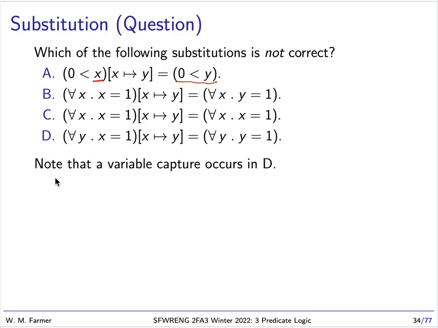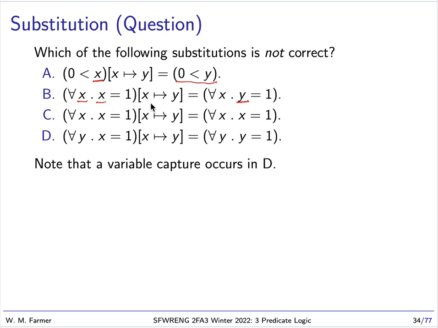That's completely straightforward. If we look at B, in B we have no free occurrences of x. These occurrences are both bound, so when we apply this substitution, there should be no change, but look at what happened here. We have a y here.